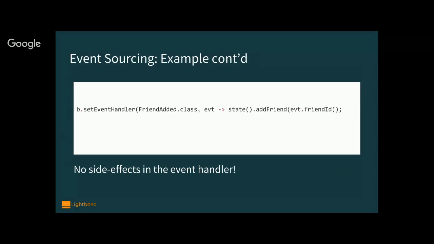So the key is that when the persist partial function completes, you now have a guarantee that your event has been persisted to the database. And so then you can go ahead and update current state. You don't want to update your current state until you know that your event has been persisted.